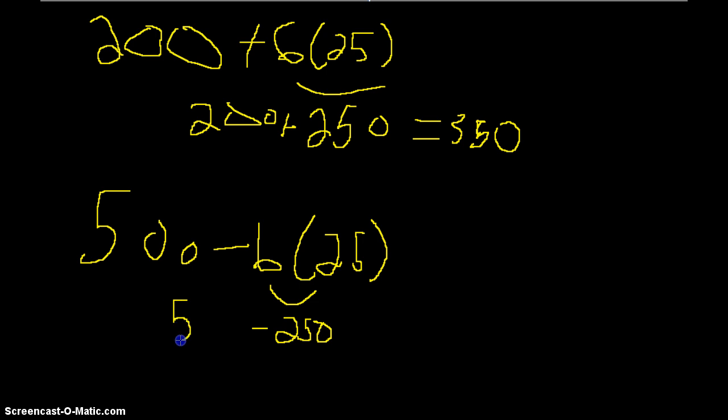Bring down that 500. 500 minus 250, which is 350. And this proves our two equations that we wrote are correct, that they are equal to each other. Because if you were to plug in the number that we got, 25 minutes, to m, we should have gotten 350, and we did get 350.